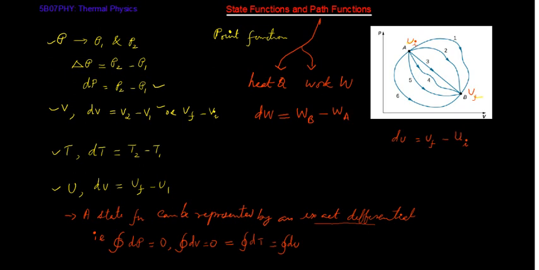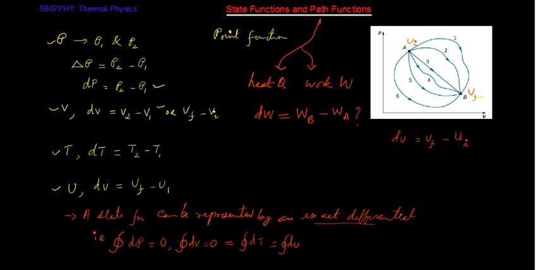Will it have any meaning? It would mean there is a value of work at A and a value of work at B. Does it make any sense? Work has no meaning at points A and B. There is no meaning for work at a point.